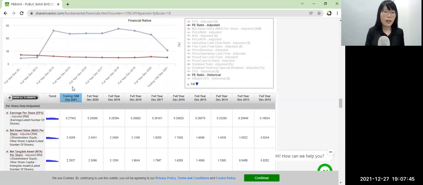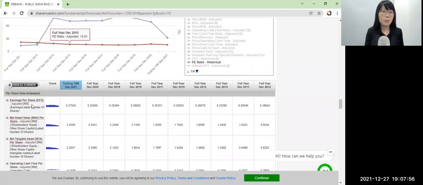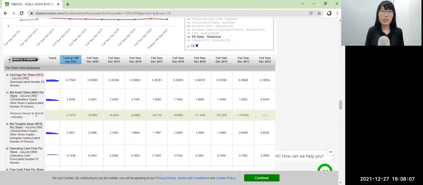When you scroll down, you can see all the financial ratio also already calculated for you. So you can see the earning per share, net asset value, and so on. If you want to see the growth rate, you just need to click on the add button. Then you can see how much is the percentage of growing.